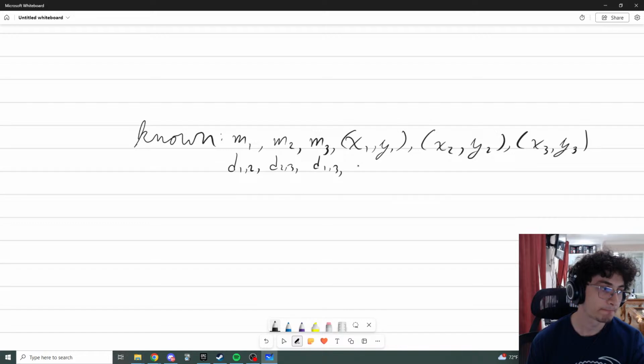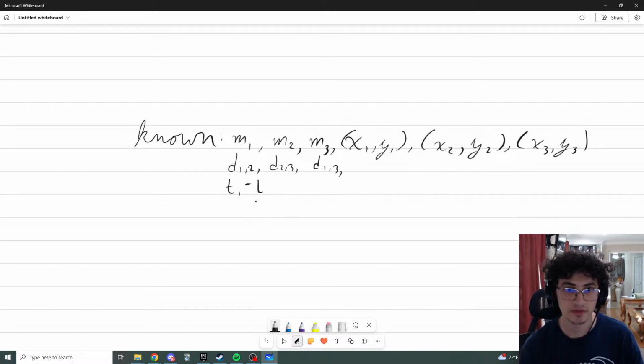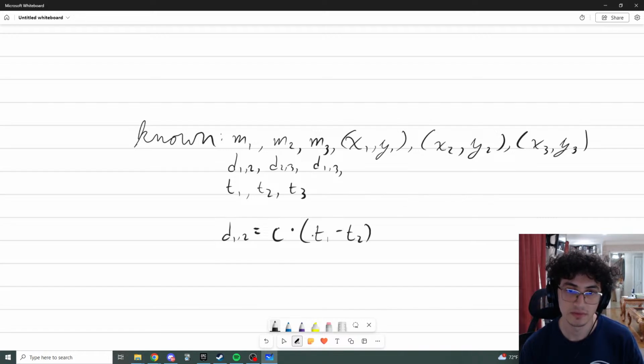We also know the difference in time. T1 minus T2. I guess we could just call them T1, T2, T3. I know that the distance from 1 to 2 is equal to the speed of light times the difference between T1 minus T2. And I guess this is absolute value, right?